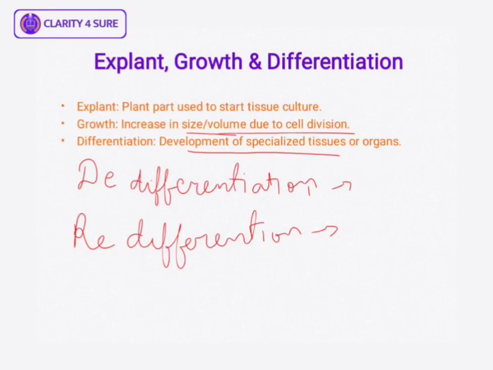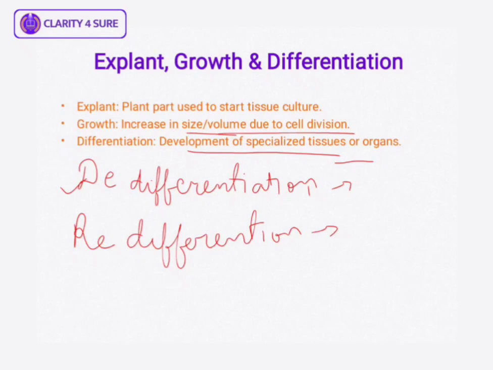So, we will just try to sum up. Basically, differentiation means that cells specialize to perform specific functions, gaining unique structure and physiological property. So, if I had to give you an example, from animal, a stem cell differentiates into a nerve cell or a muscle cell. Then we have de-differentiation.